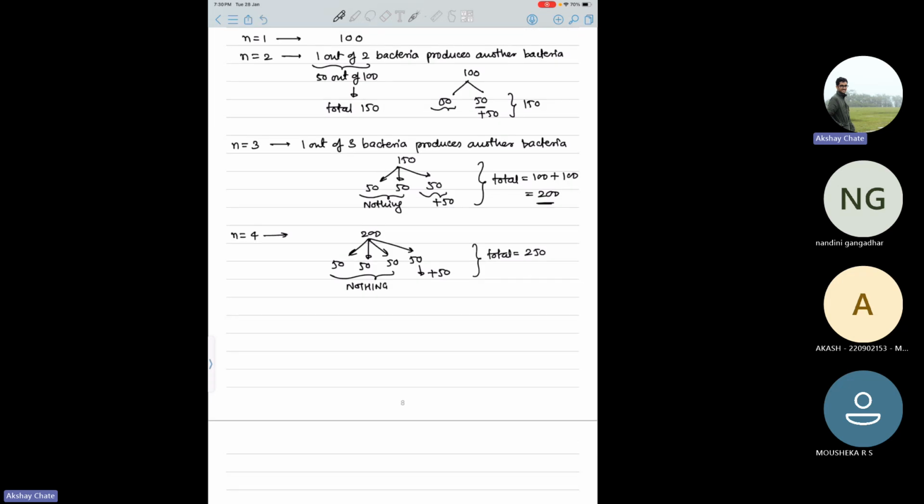So it is nothing but an arithmetic progression. See, usually in this type of problems you end up with a geometric progression. Okay, but this is a special problem where you end up with an arithmetic progression, and it is of the nature 100, 150, 200, so on and so forth, and finally you reach 1000.